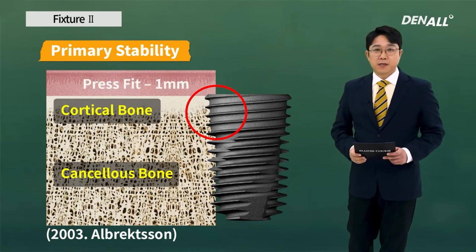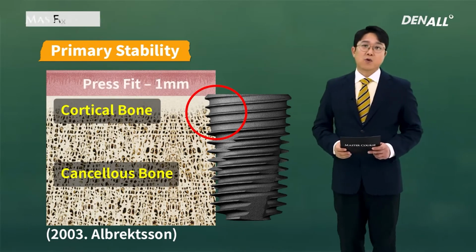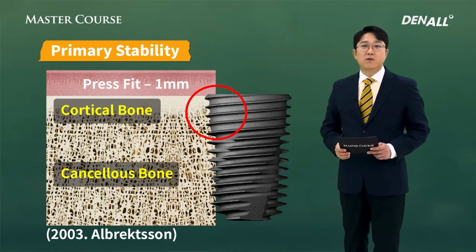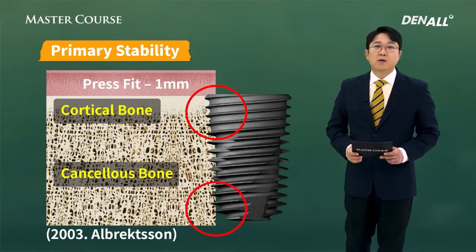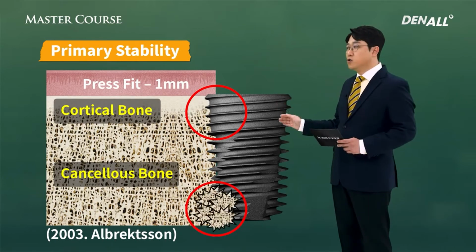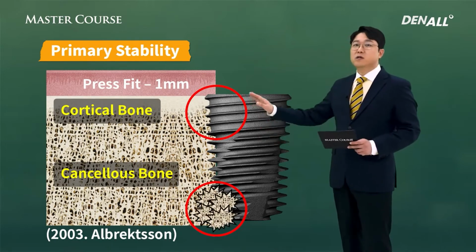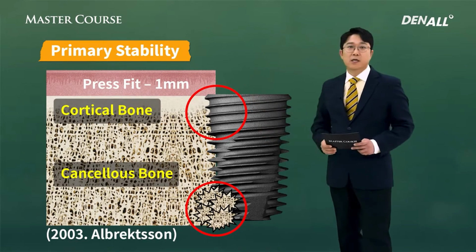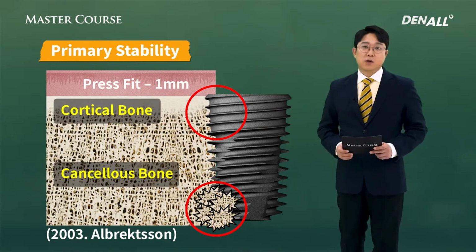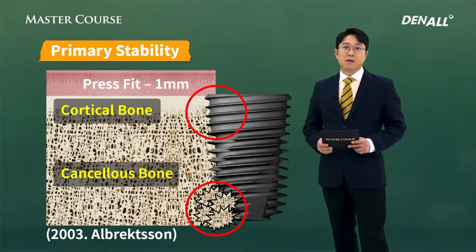Albrektsson called it press fit. The width of the press fit is about 1 millimeter. In the cancellous bone, the reduced or pushed bone chips gather around an implant, contributing to the primary stability. That way, implant primary stability can be achieved.